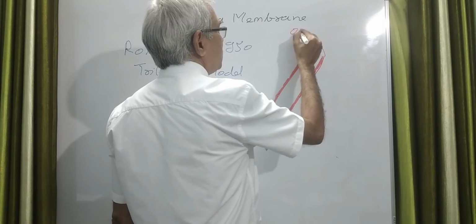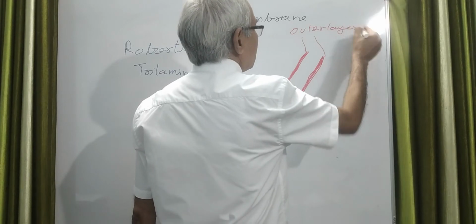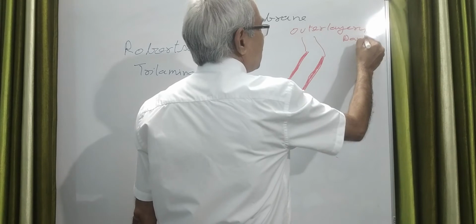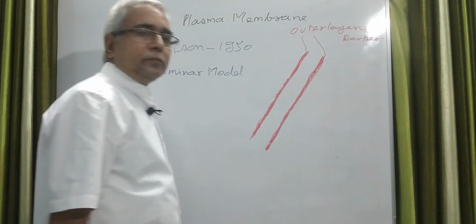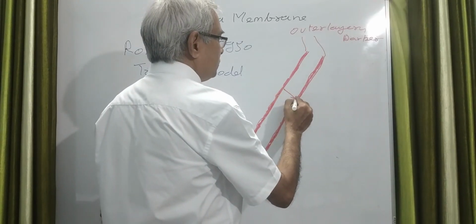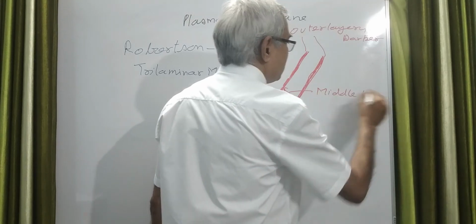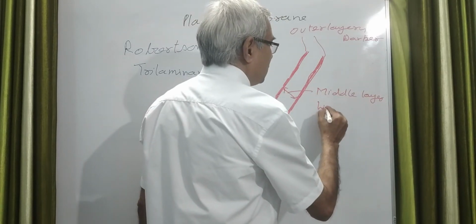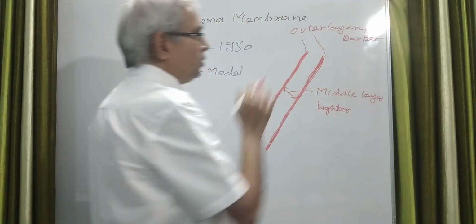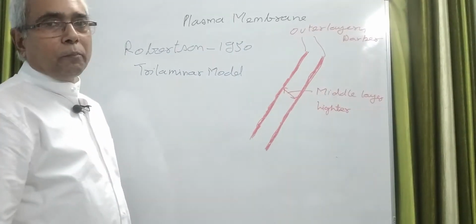Outer layers, they were very dark, and the middle layer, this one, was light in color compared to 2 darker zones which are present towards the outside, towards the periphery.